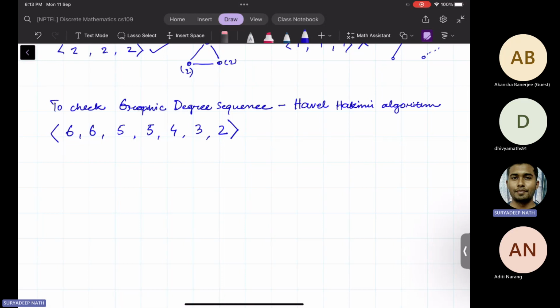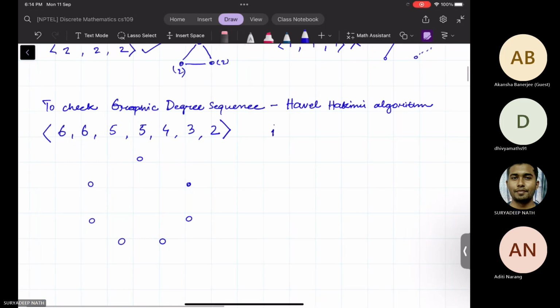First, how many nodes are there in the graph? It is the number of elements in the sequence, so we have 7. Let us construct 7 nodes: 1 2 3 4 5 6 7.